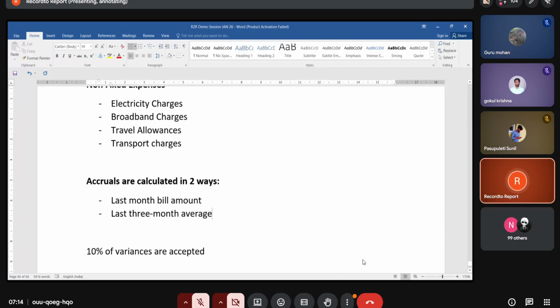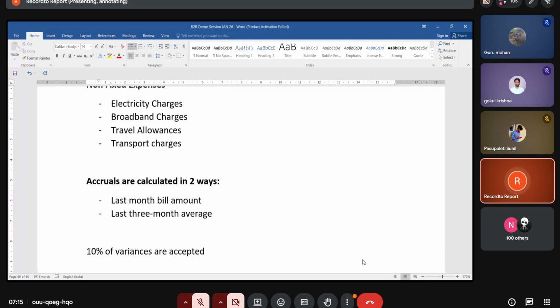Guys, understand? Very, very important question. How are you calculating the accruals? Accruals are calculated based on the last month invoice or the average of the last 3 months bill amount. We don't know the bill amount to be accrued.